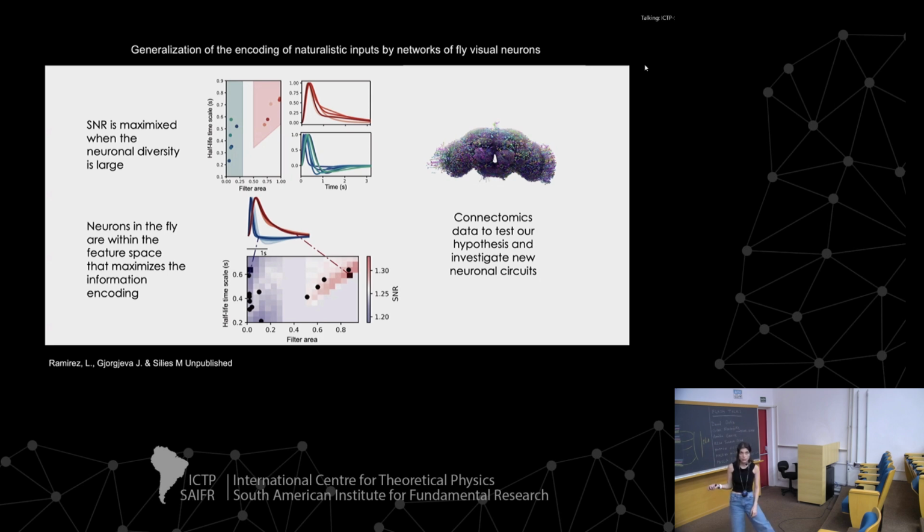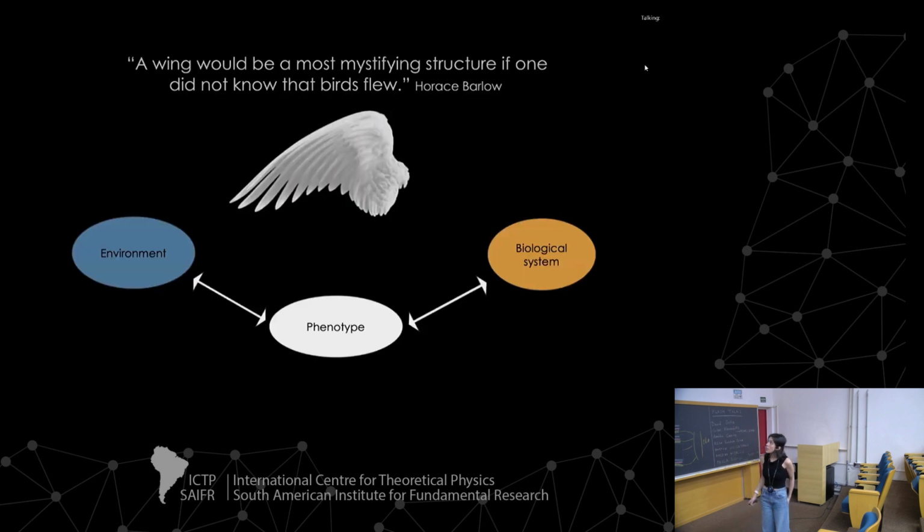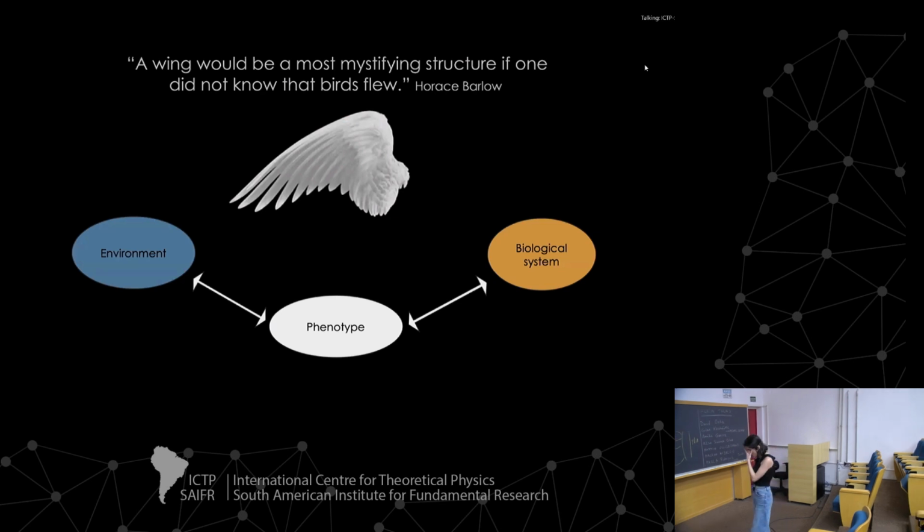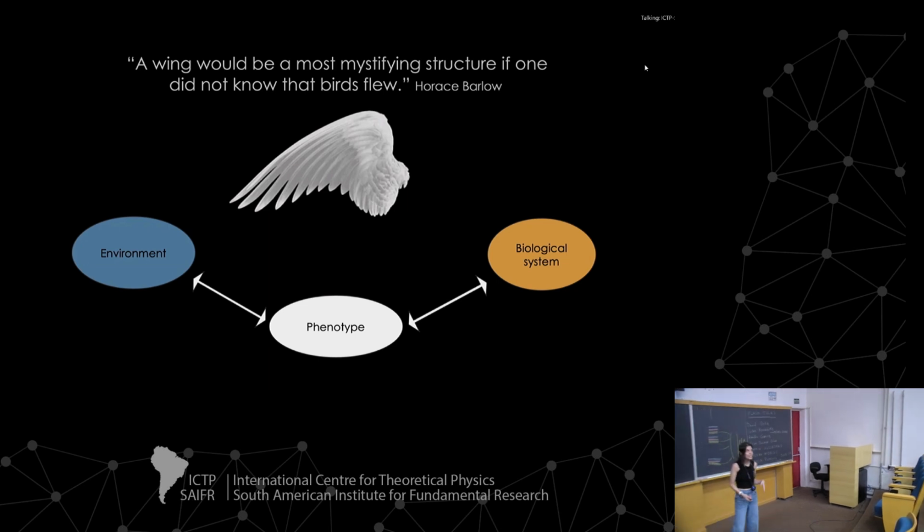So with that, I just want to conclude the talk with this quote by Barlow that says a wing would be a most mystifying structure if one did not know that birds flew. So the idea of efficient coding is to tell us what.